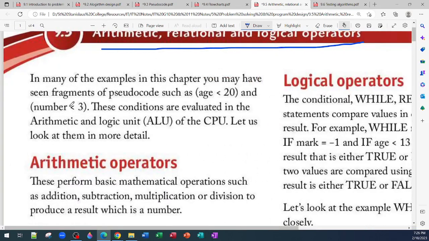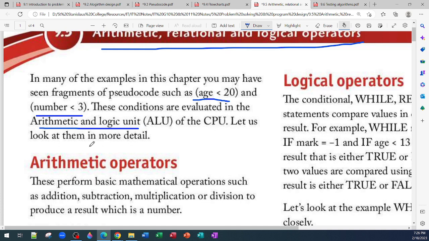All right, so let's go through the chapter. Remember, if at any point in time you have a question, let me know. In many of the examples in this chapter, you may have seen fragments of pseudocode such as age less than 20, number less than 3. These conditions are evaluated in the arithmetic and logic unit of the CPU.